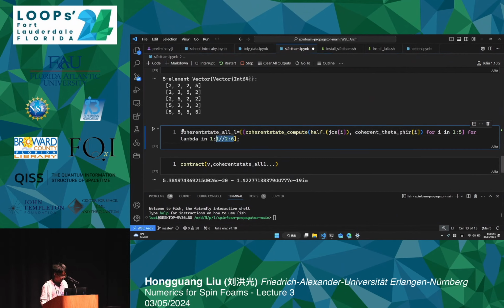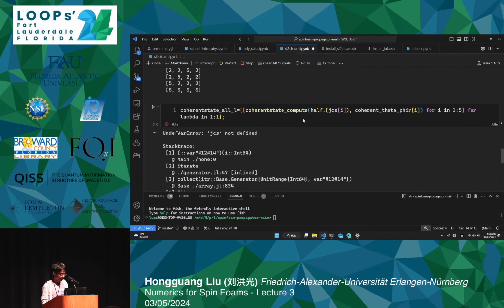Well, lambda is just 1, 1. Okay. This is the spin, which gives you basically the internal states. And this is your coherent state label. And then this function just calculates the value of the coherent state on each internal space.